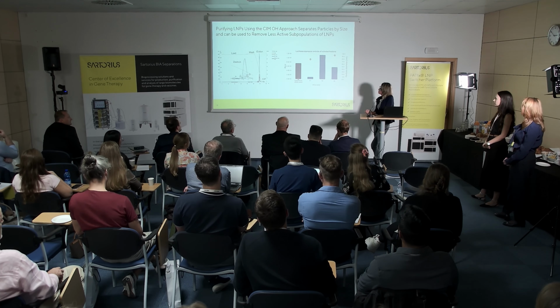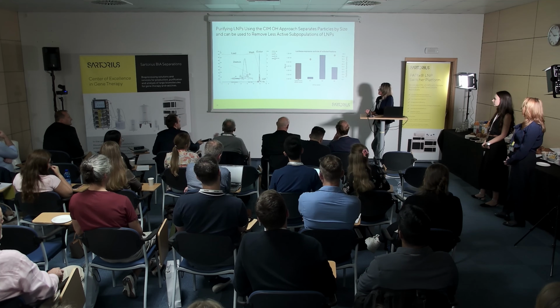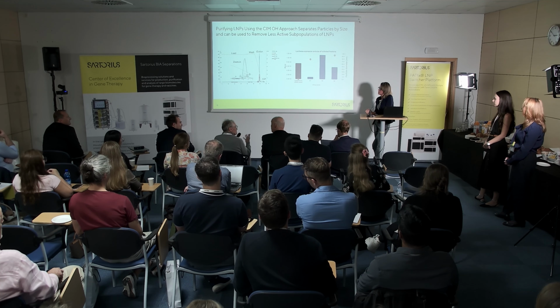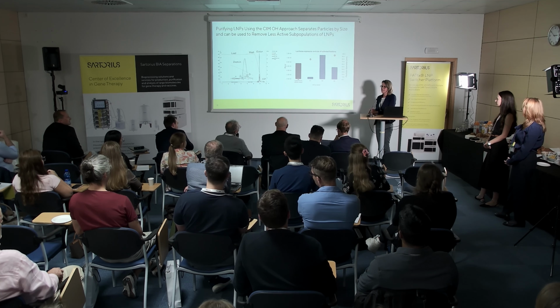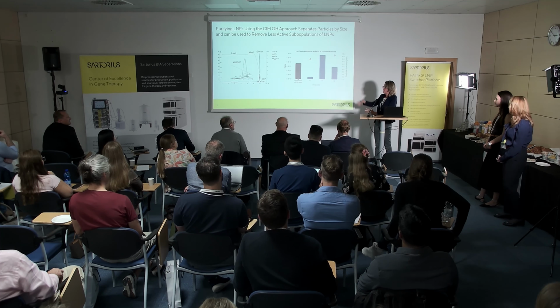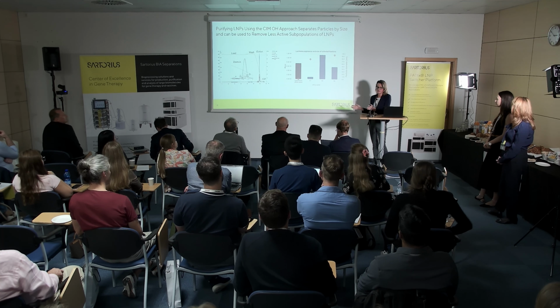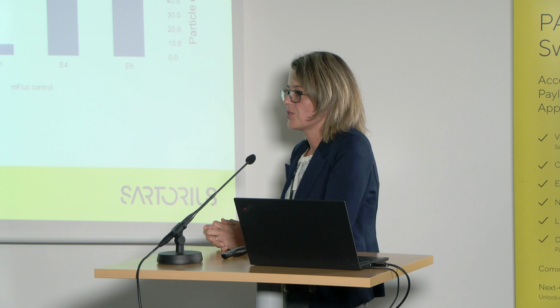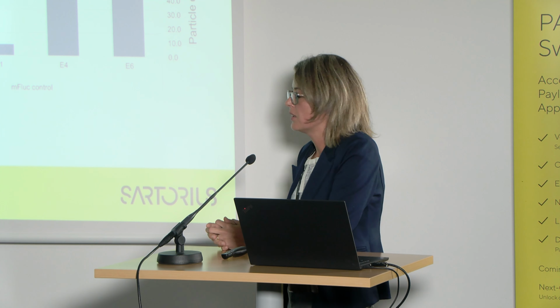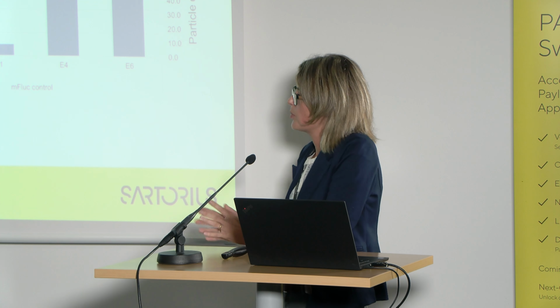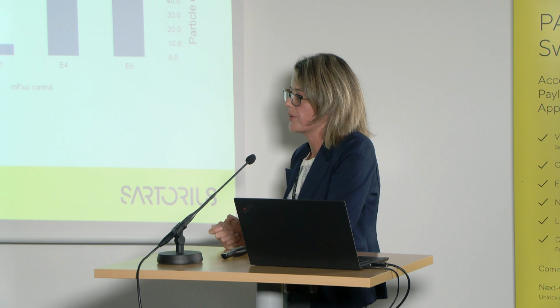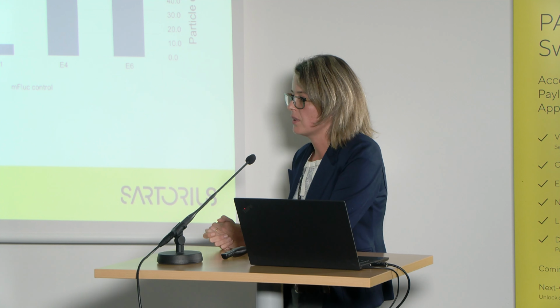It's about a 10 times difference, one log. But that's the threshold, so everything below it is okay. This is what we are saying: you can do a simple step gradient and collect everything, but if you want to really study subpopulations, there are also different particles that can be separated on the column.